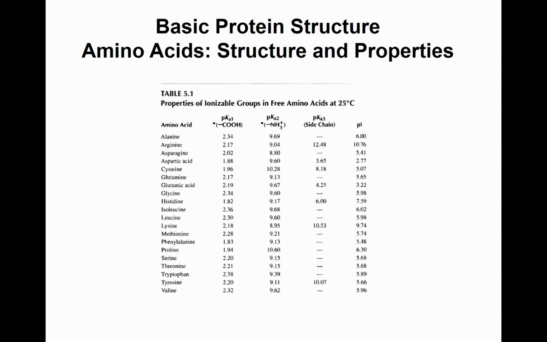Again, it is also dependent on whether it's basic or acidic. You will see, for example, arginine is very basic, so it will have a really high isoelectric point. Any questions about that? So that's what you really need to remember: the pKa's, whether it's acidic or basic, at which range of pH it would be at.